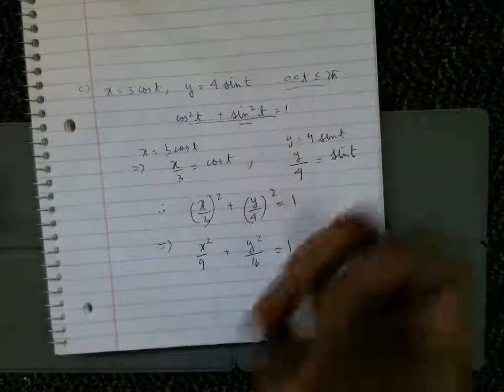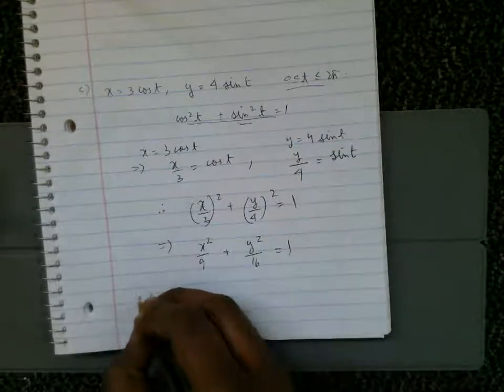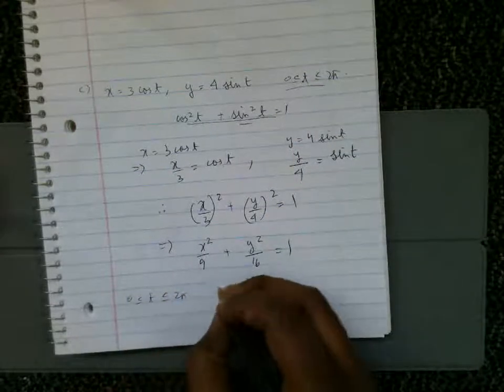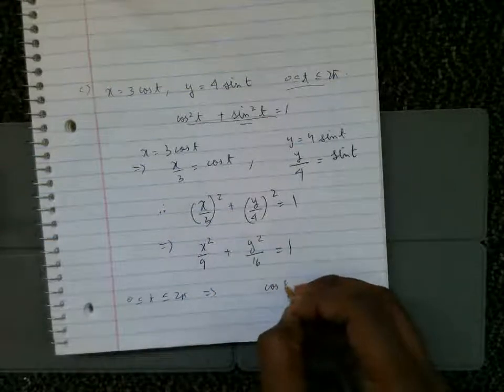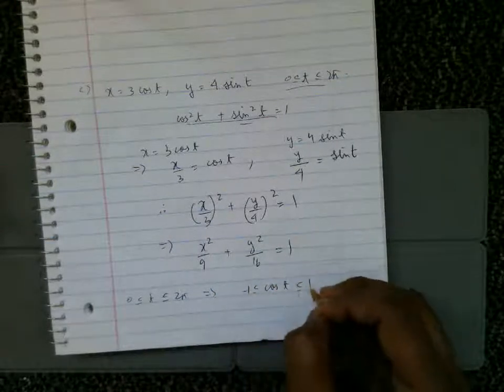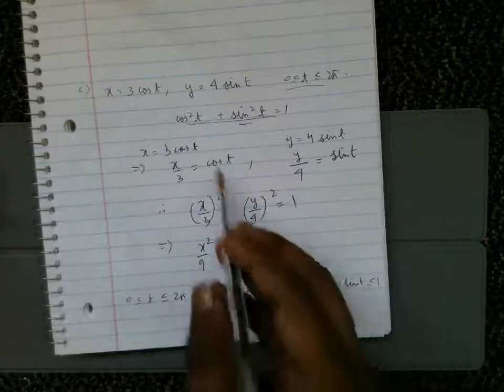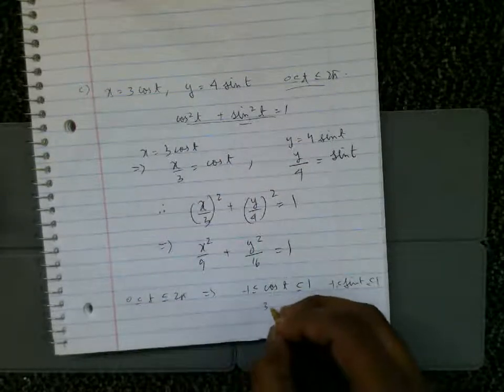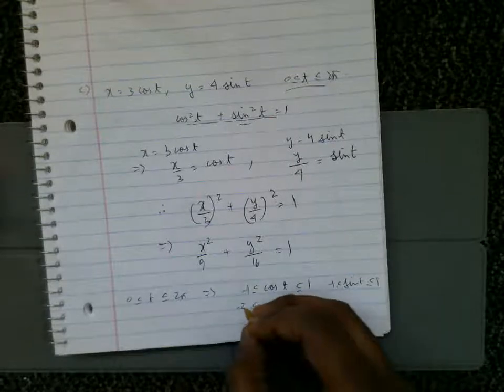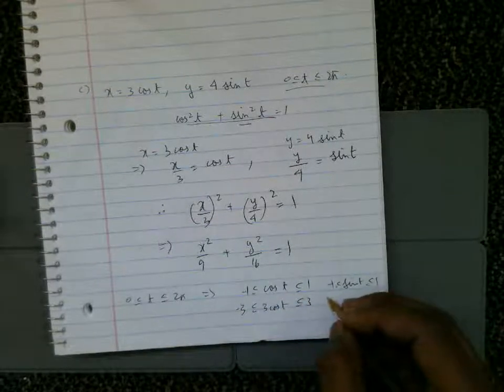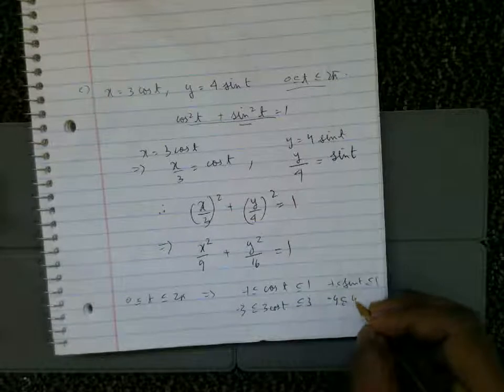Now t lies between 0 to 2 pi. Therefore cos t will lie between minus 1 to 1 and sin t will lie between minus 1 to 1. So 3 cos t will lie between minus 3 to 3, and 4 sin t will lie between minus 4 to 4.